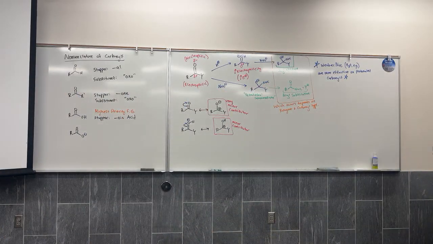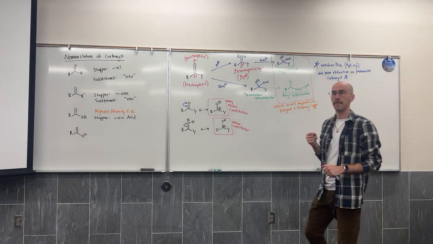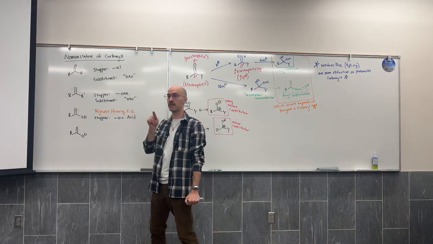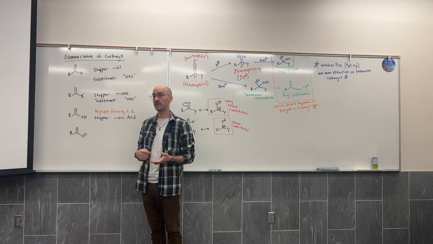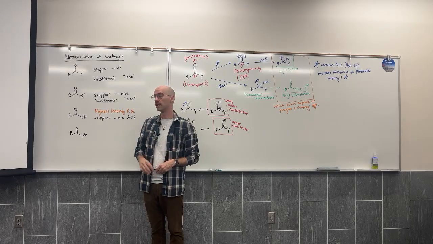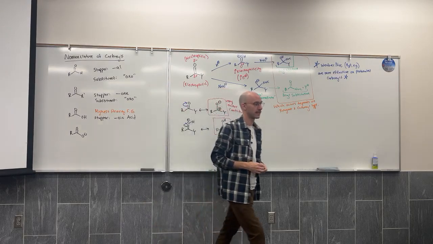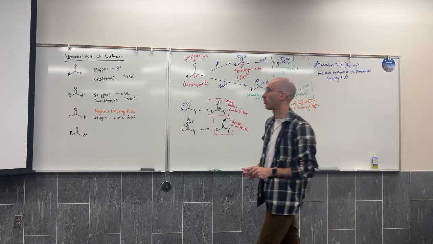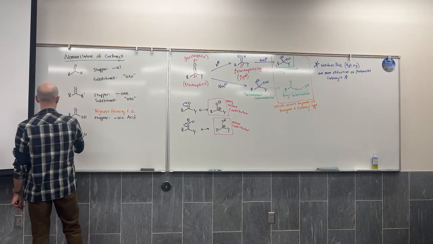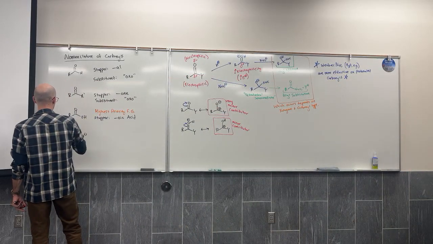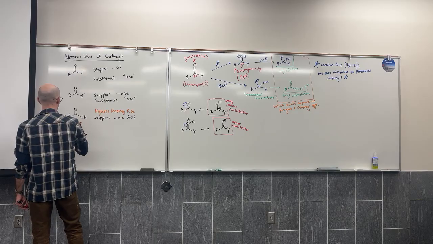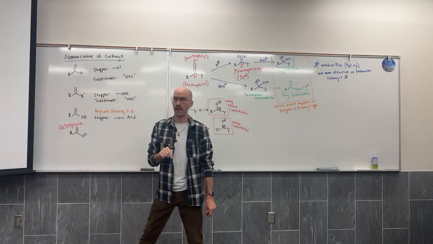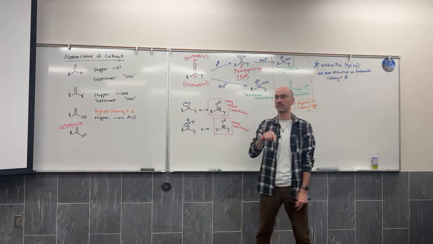What about this structure? Can you say what the relationship is between this structure and the carboxylic acid? It's the conjugate base. It's a carboxylic acid deprotonated. This is called a carboxylate. Carboxylic acid becomes a carboxylate, like sulfate, nitrate, phosphate.